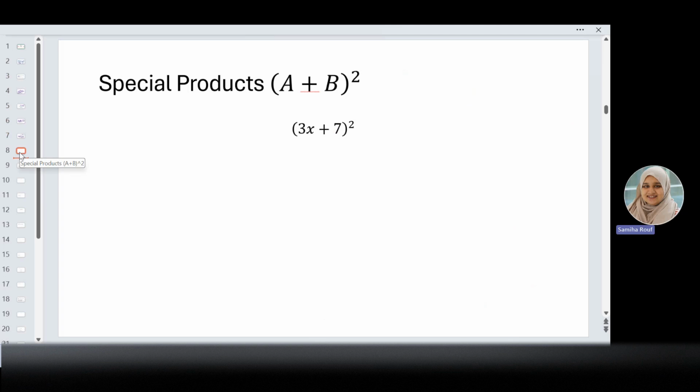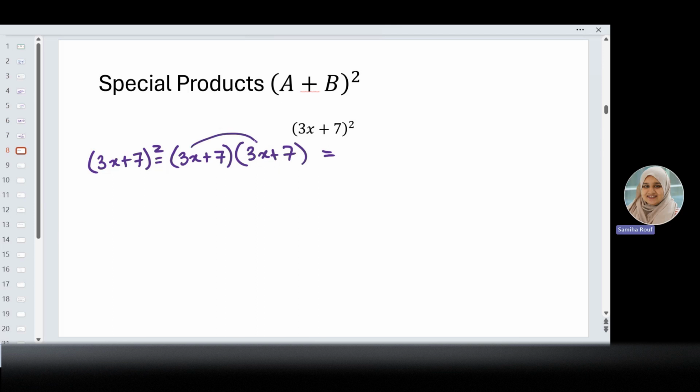We have 3x plus 7 squared. Again, if I go the standard way, this is equal to 3x plus 7 times 3x plus 7.